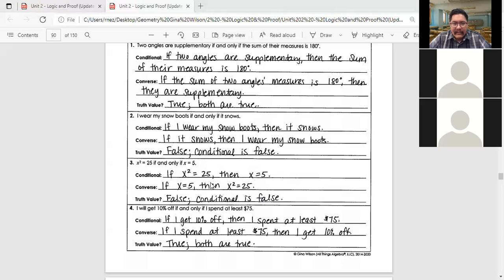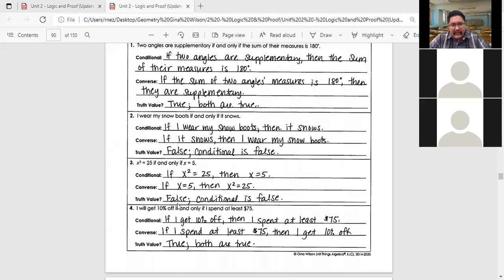If we plug it in or substitute it, substitution is the correct word, if x equals 5, then x squared equals 25. So if we reverse it, it still kind of makes sense, because if I have 5 and then I square it, I get 25. That's true, and that's always true.